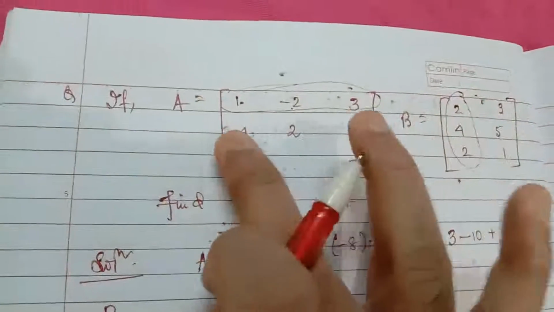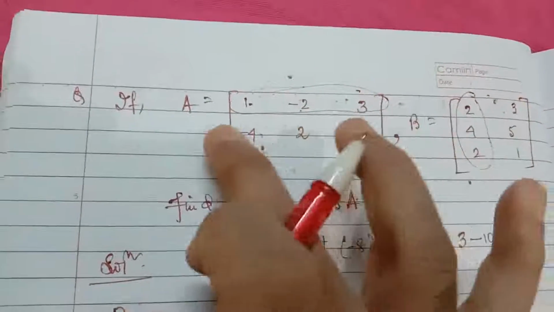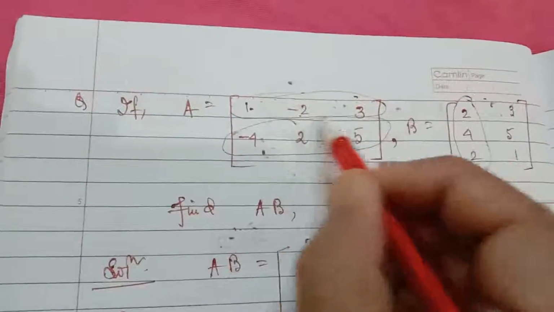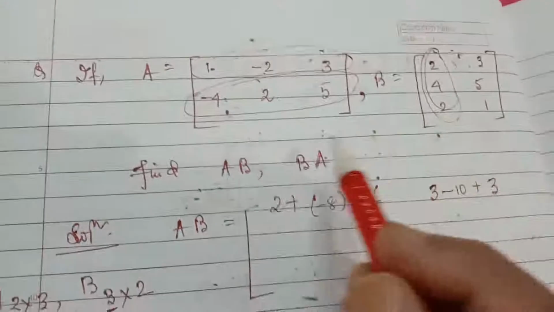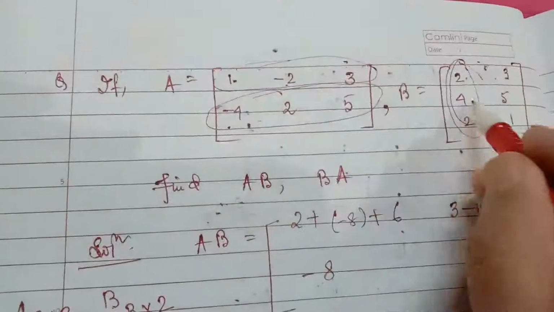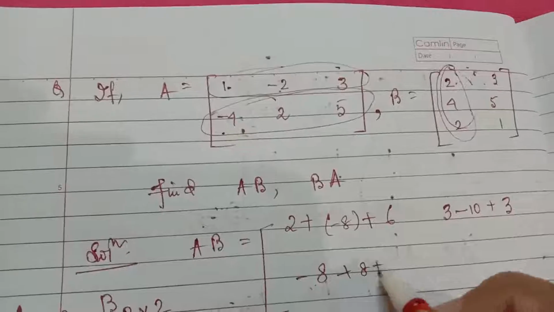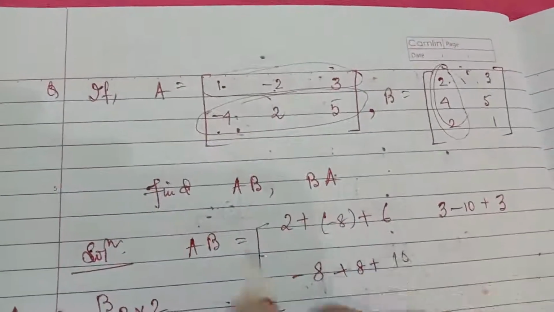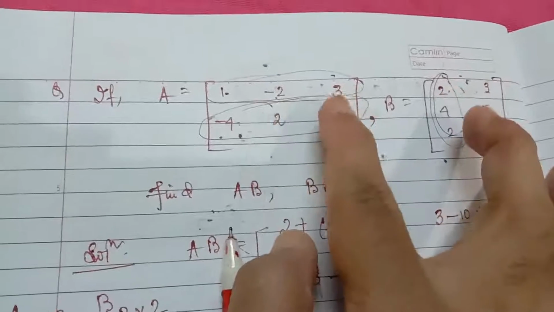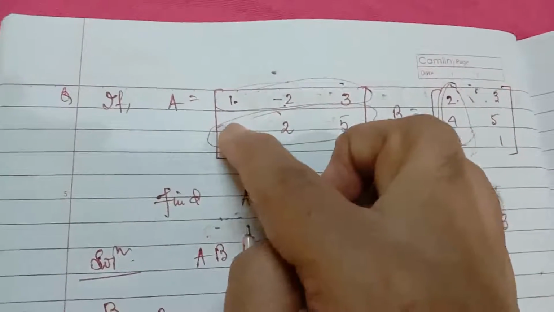Now we have to start with the second row. Second row, first column. Minus 4 into 2, it will be -8. 2 into 4, it will be plus 8. 5 into 2, 10. First element, plus second element, plus third element.